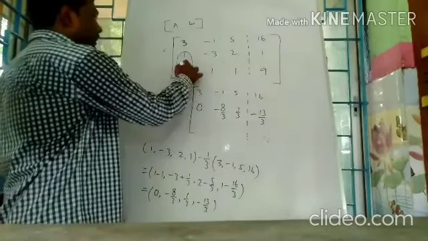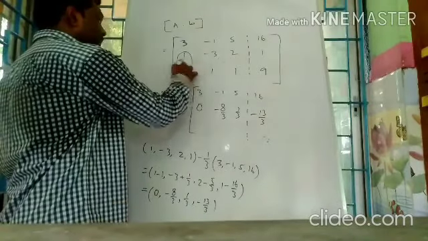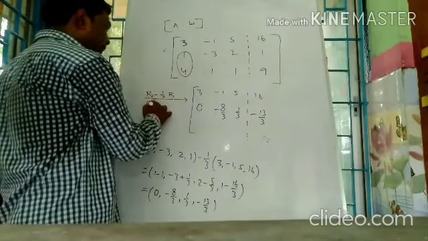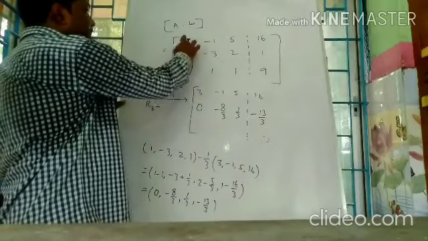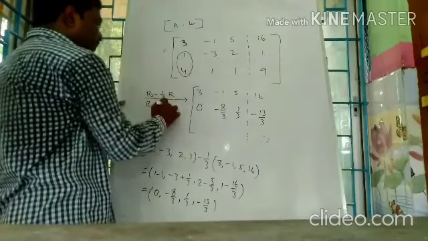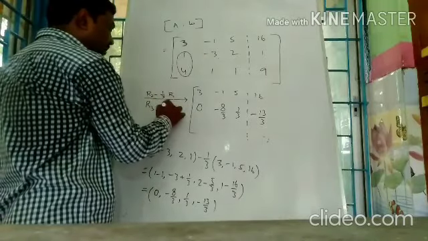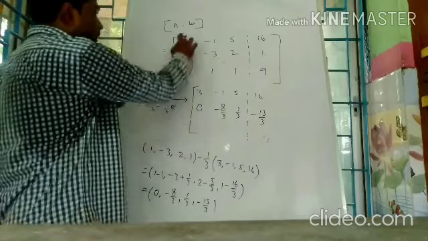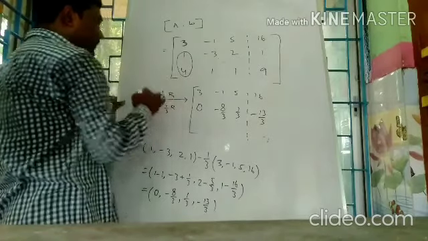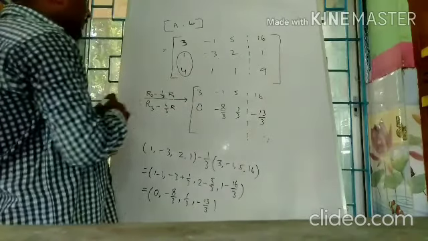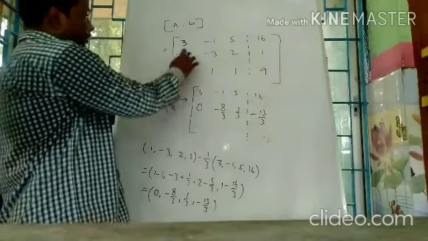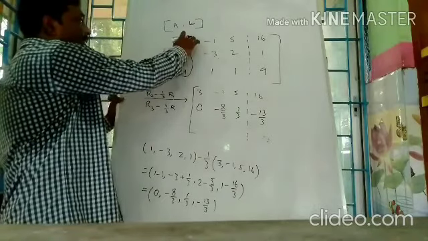Now we have to make it 0. Next R3. So divide the first row by 3, that is R1 by 3, then it is 1.